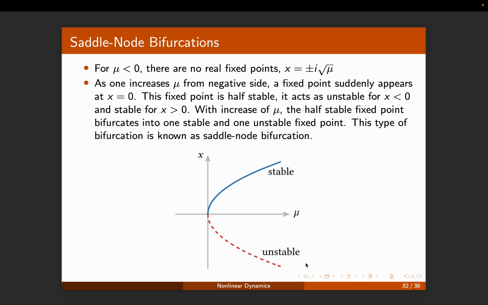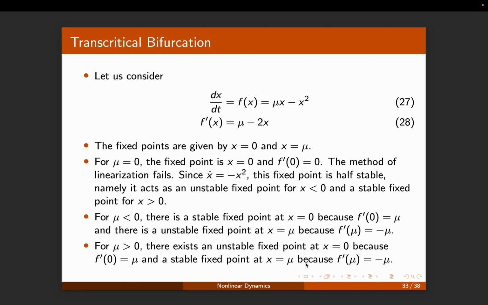Let's take another dynamical equation. We take x dot equal to mu x minus x square. In this case, the fixed points are x equal to 0 and x equal to mu. So f prime of x is calculated as mu minus 2x. For mu equal to 0, the fixed point x equal to 0 gives f prime of 0 as 0, so the method of linearization fails here.